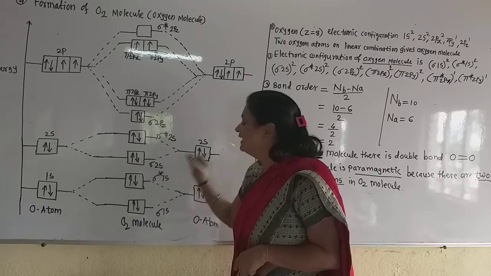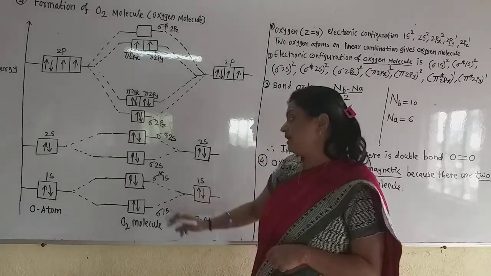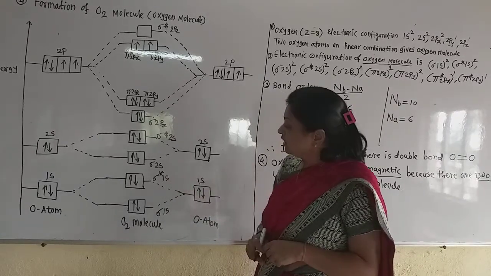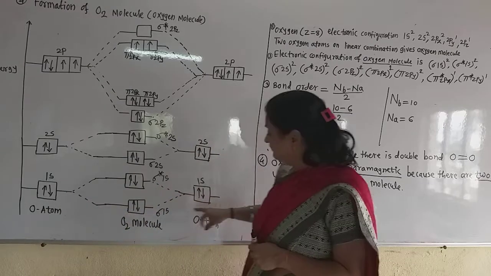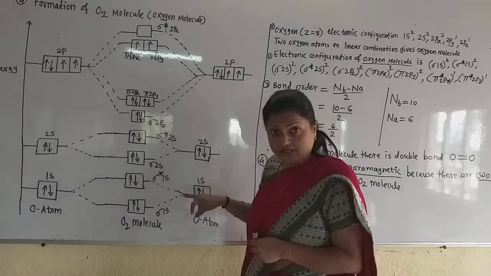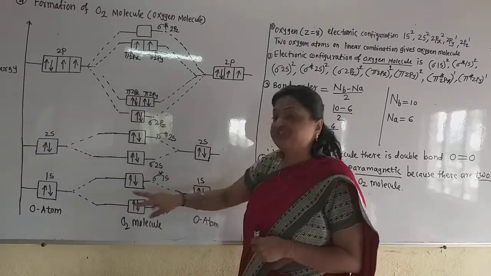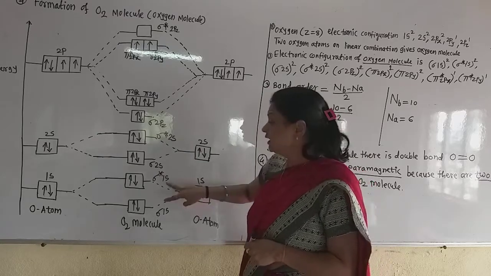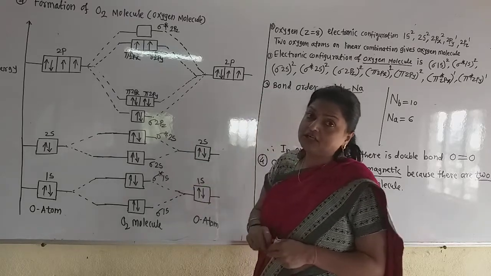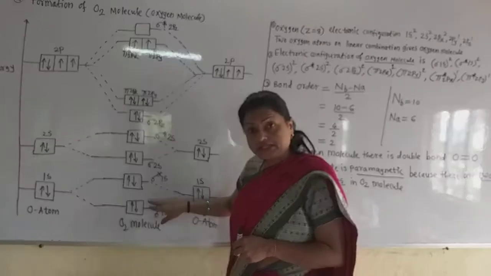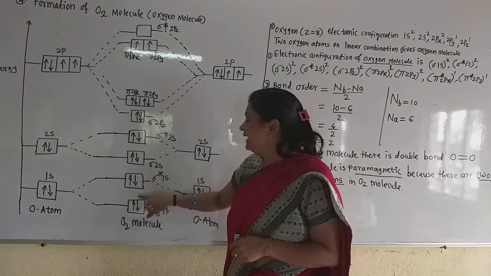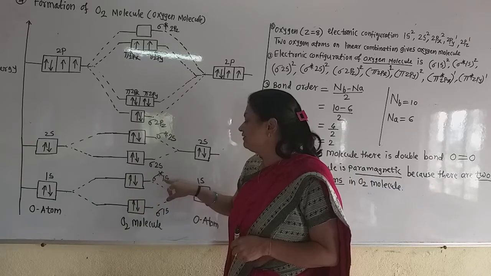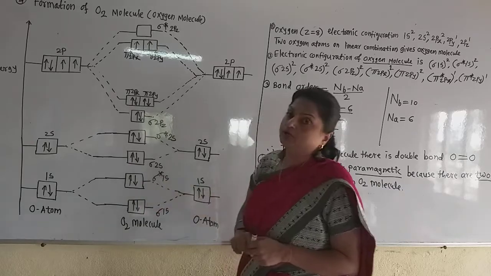The name of that antibonding orbital is sigma star 1s. Now as there are 4 electrons in the 1s orbitals of the two oxygen atoms, the two molecular orbitals also have a total of 4 electrons. In the bonding orbital there are 2 and in the antibonding sigma star 1s there are also 2 electrons.